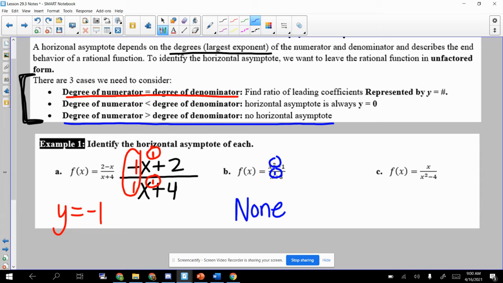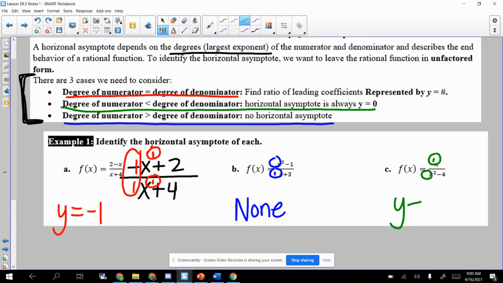Okay. And then this last one, okay, we have x to the first power over x squared. So the degree of the numerator is less than the degree of the denominator. So that's going to mean that your horizontal asymptote is always y equals 0.